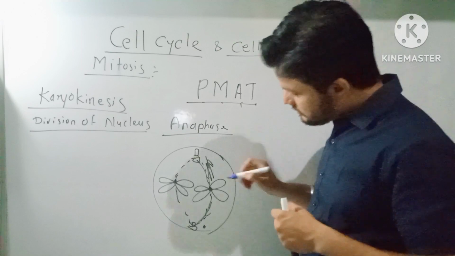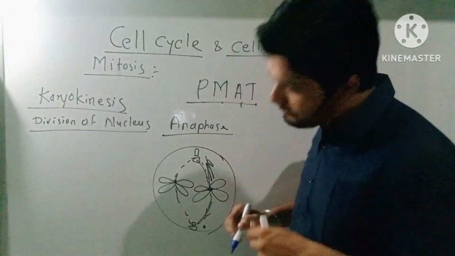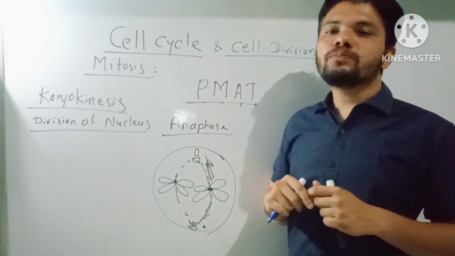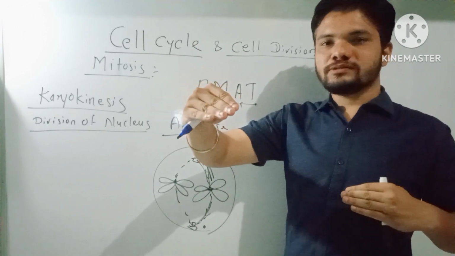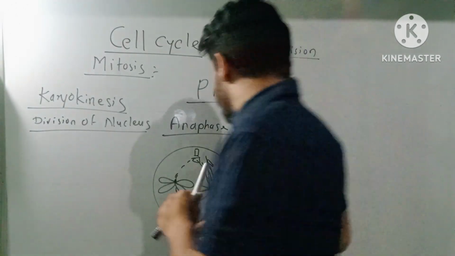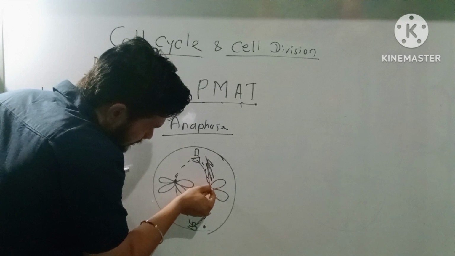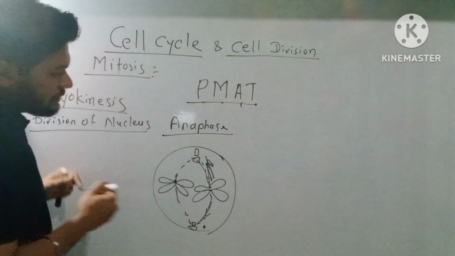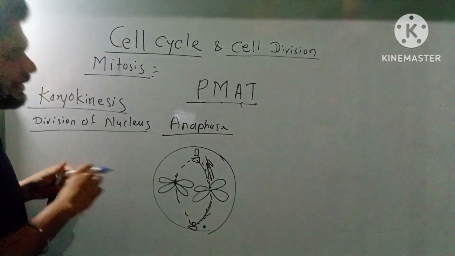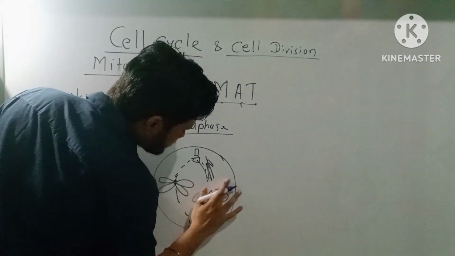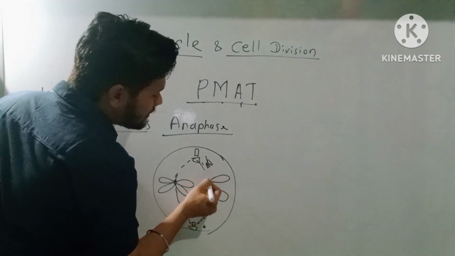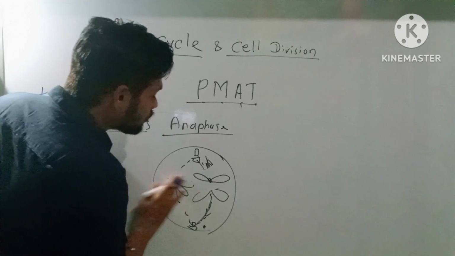So what happens is this centromere will be split to produce two chromosomes, right? So what will happen here? This centromere is going to split like this, and then these spindle fibers will pull these two chromosomes now.